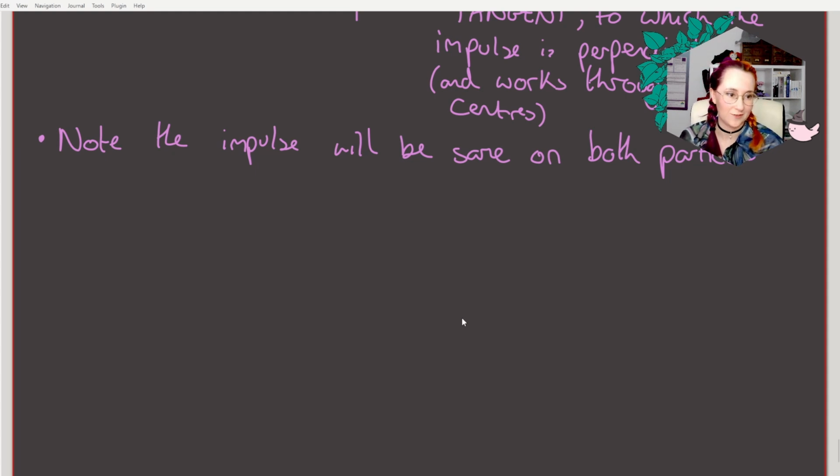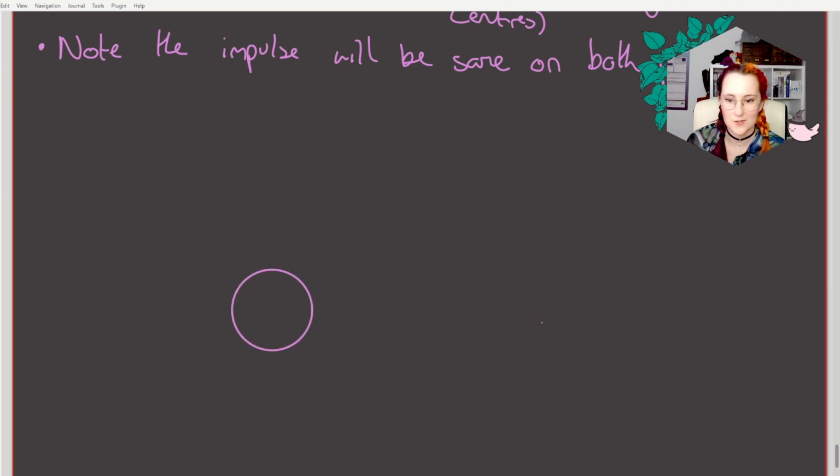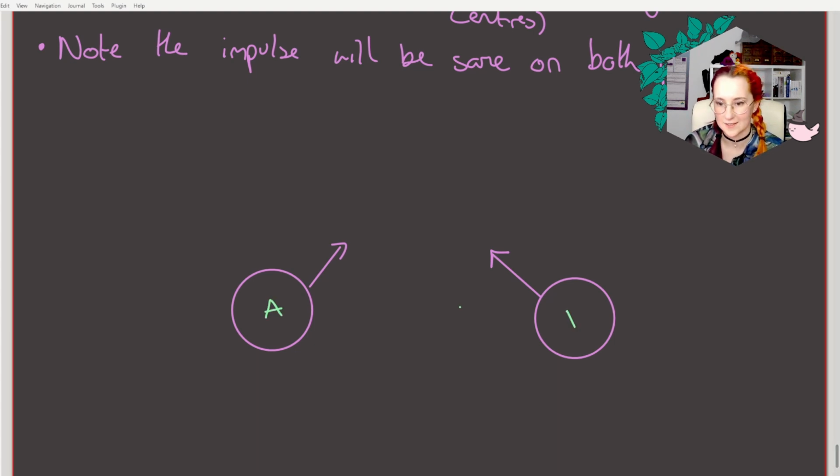So if you have, let's do some diagrammy type stuff. So you have 2 spheres that are gonna collide, say at some angle, and this is A, and this is B, and this is UA, and this is UB.